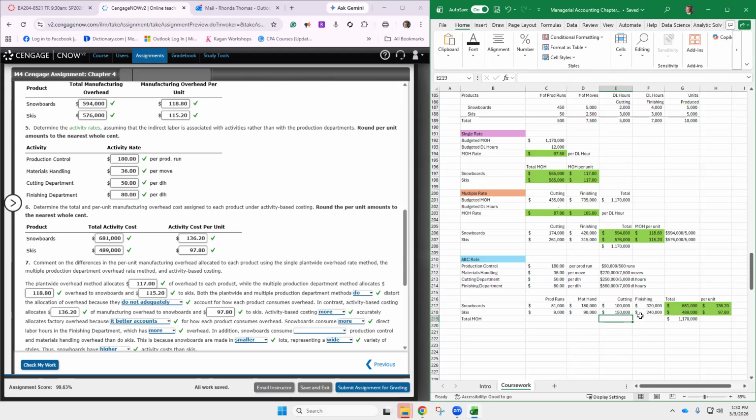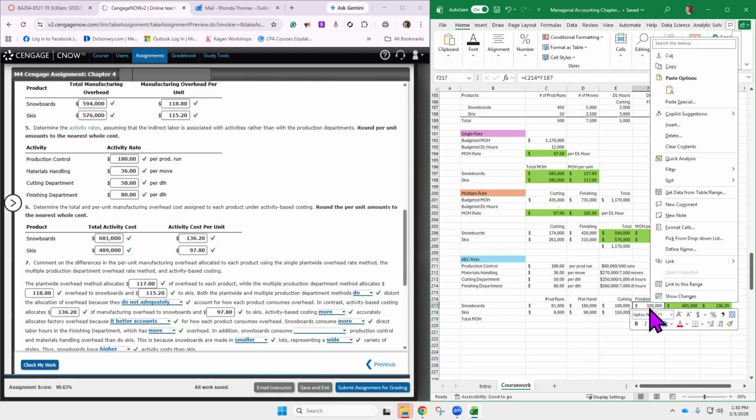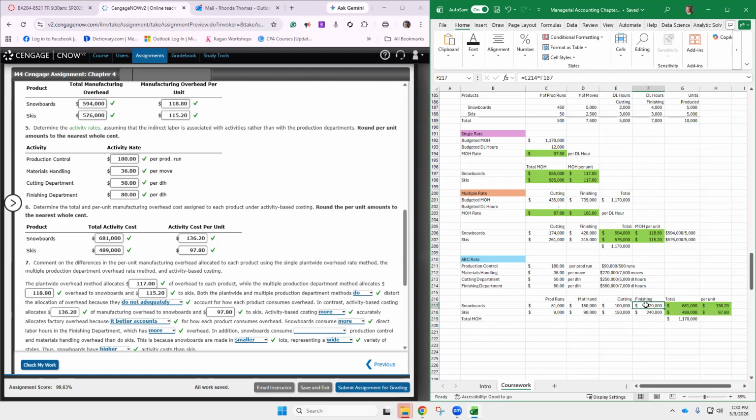And now we are going to do the finishing. So it's going to be the number of hours times $80. And these are each of the products' overhead per activity and per department.